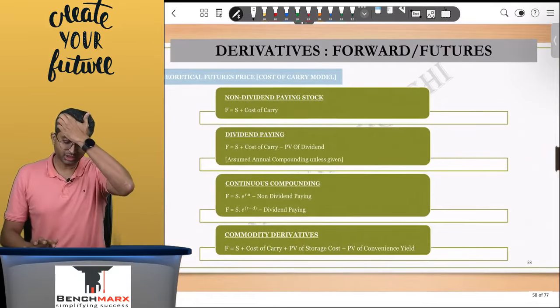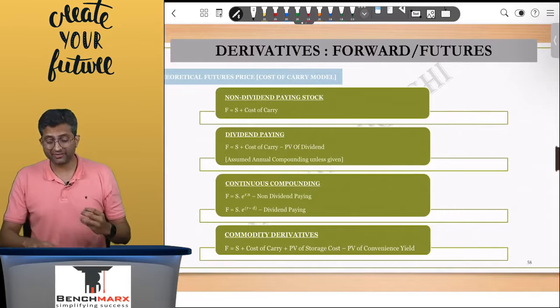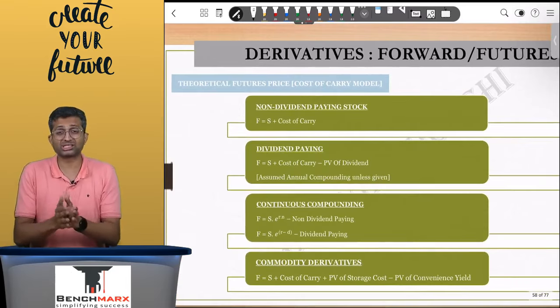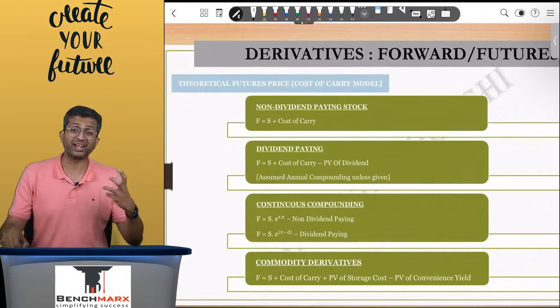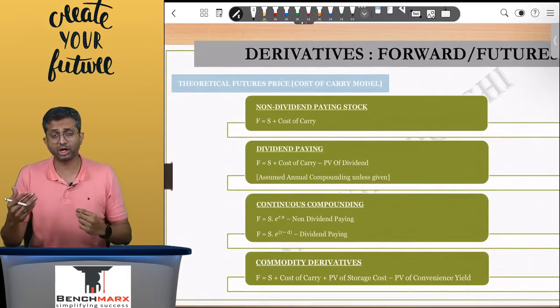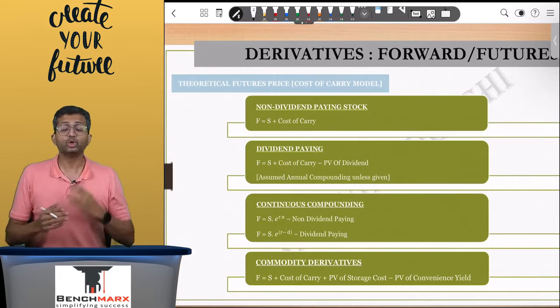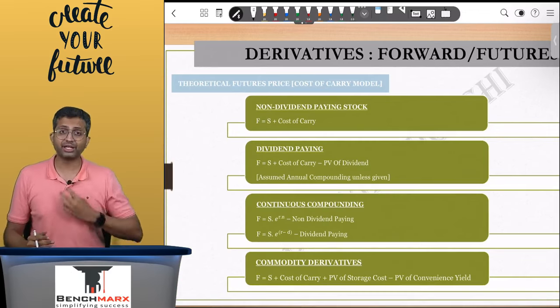We first start with derivative futures or forwards. The valuation over here is done by something called the cost of carry model, where we are trying to find the value of a share in the future. You can use arbitrage principles and find the value in the future.